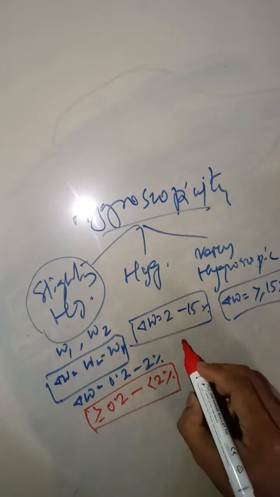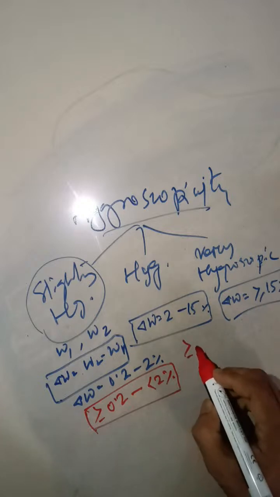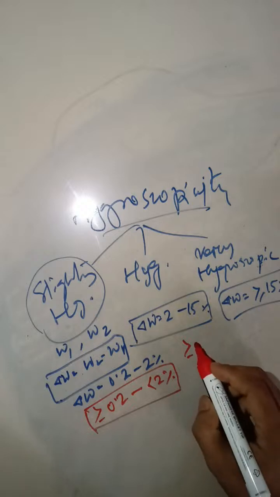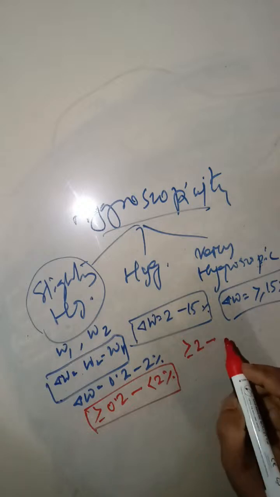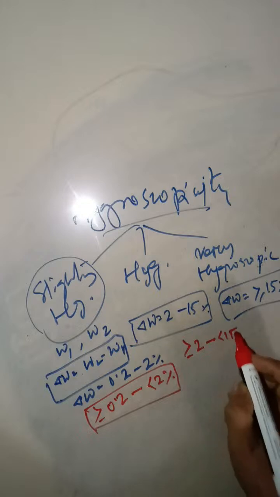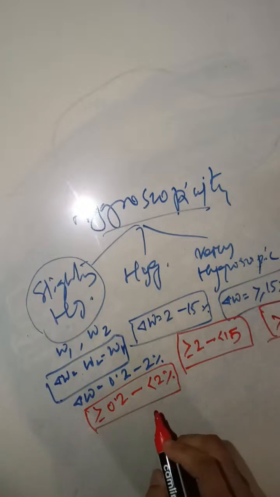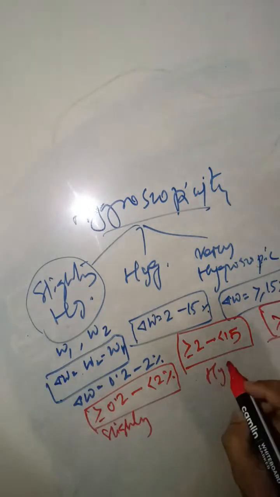Next is more than 2 and less than 15%. And the third one is more than 15%. So it is called slightly hygroscopic, hygroscopic, and very hygroscopic.